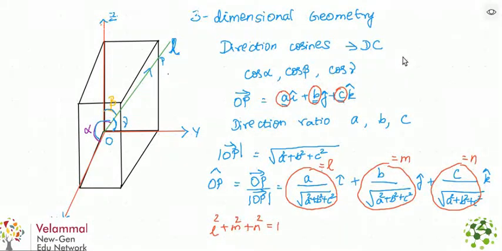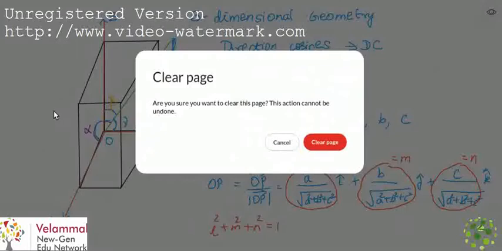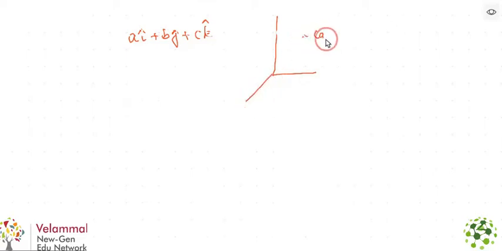Children, please understand one second. Please understand, if any vector is Ai plus Bj plus Ck, it means it is a point A, B, C on the coordinate axis. Okay, all means the same.